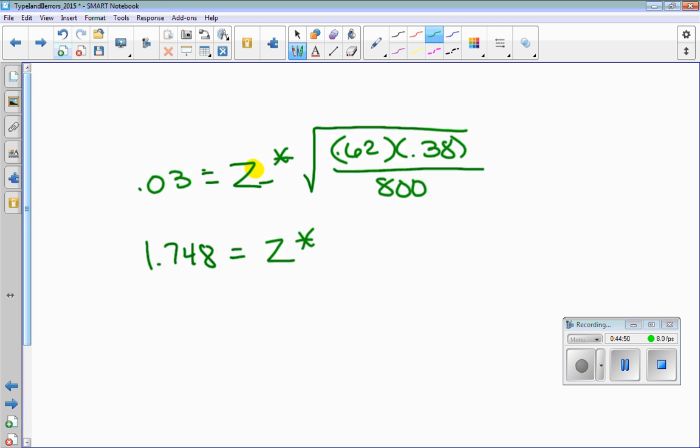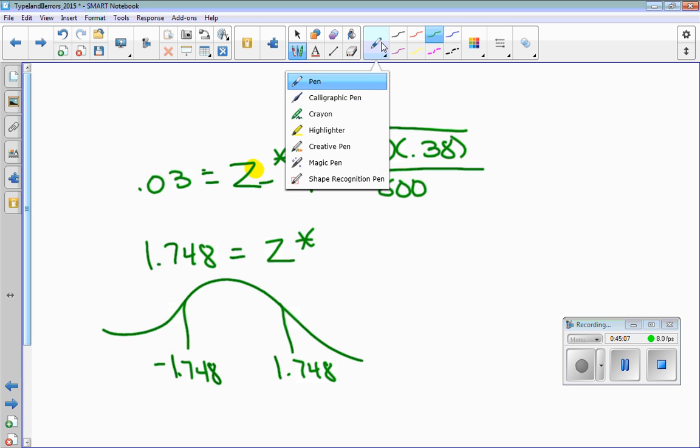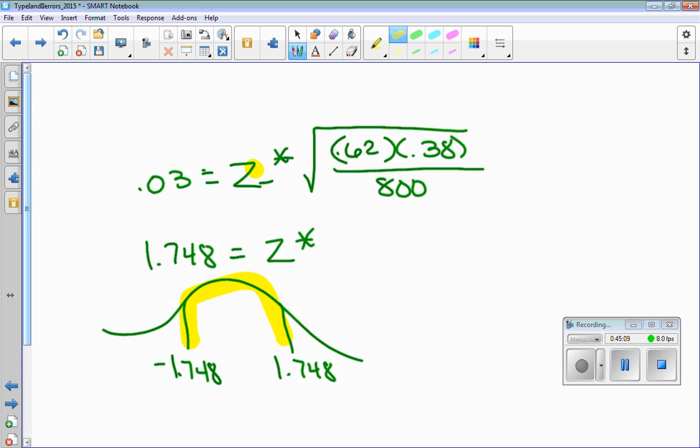confidence level? Well, we know that the confidence level is somewhere in the middle. I have 1.748 as my z star. Based on the symmetry of a normal curve, we should have negative 1.748 over here. And then you just calculate the probability in the middle. So I'm just going to do normal CDF from the left hand to the right hand.